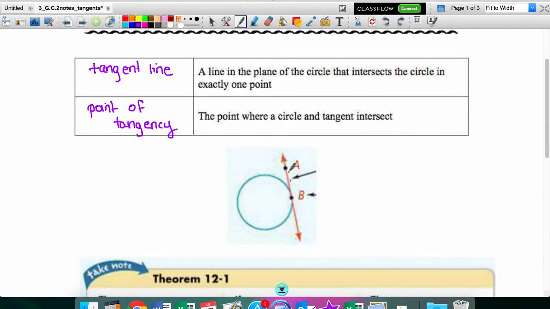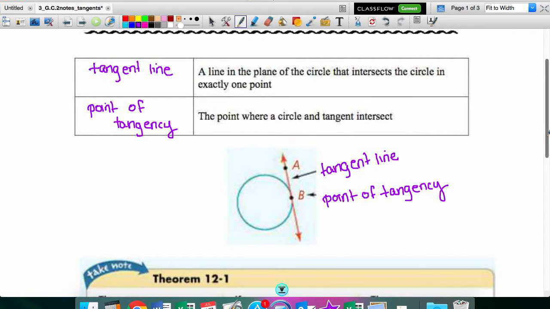The line AB is called our tangent line, whereas the point B, where it hits the circle, is called our point of tangency. If a tangent line touches in more than one point, it is no longer a tangent and it becomes a secant line.